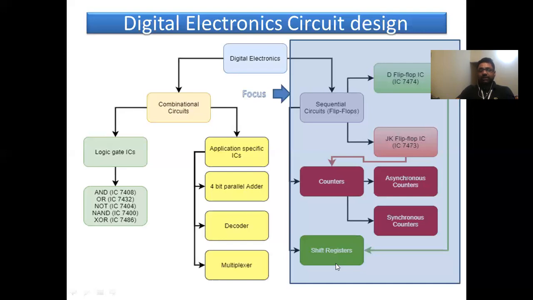So this is a brief understanding of sequential circuits in the context of our digital and linear integrated circuit lab. Let's move forward and see one by one. In this presentation, I have structured it so that first we are going to see the JK flip-flop, its pinout configuration and its truth table.